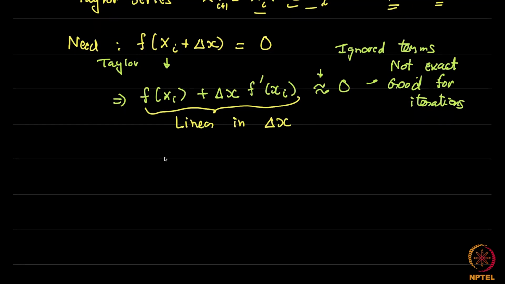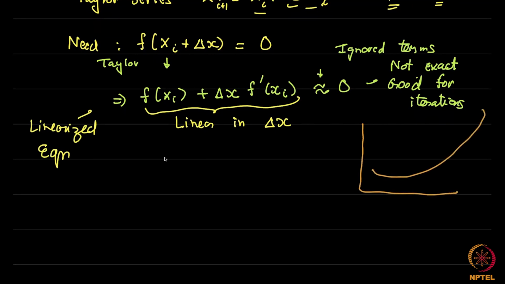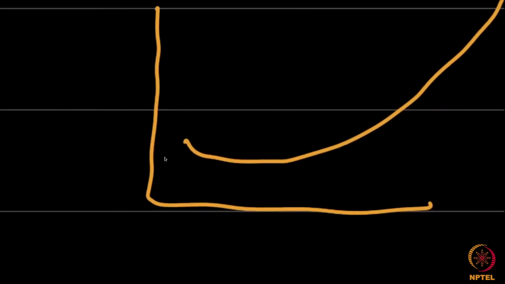The new modified equation, which I am going to call the linearized equation, is linear in delta x. This is actually a fundamental insight in a lot of science and engineering. If you have a nonlinear curve, it is sort of like repeated linear curves.